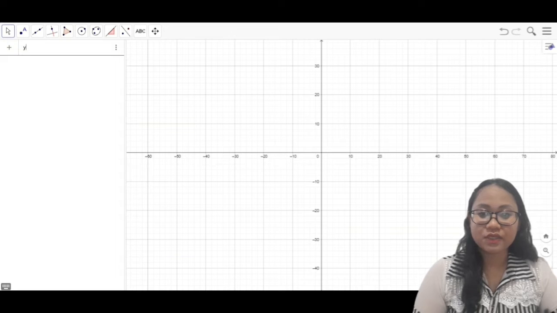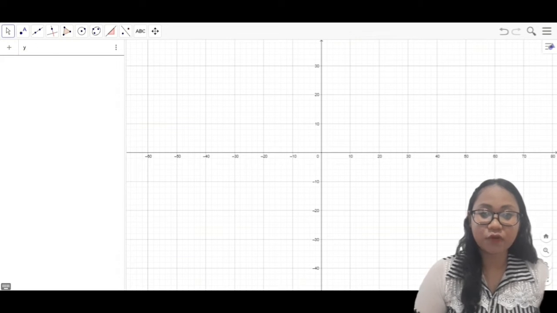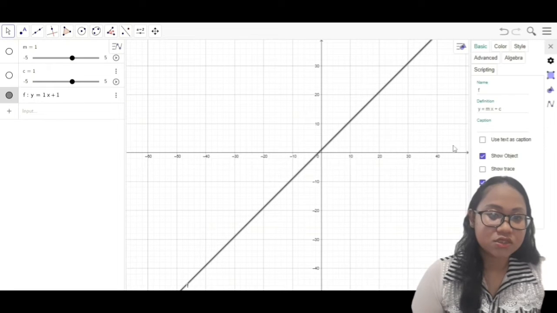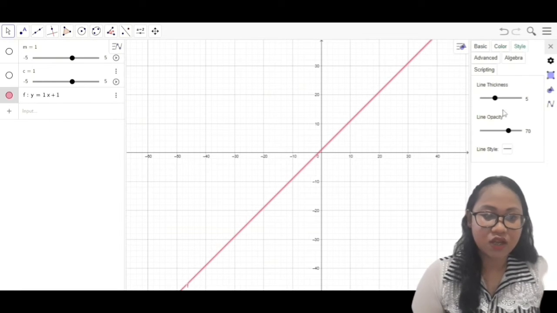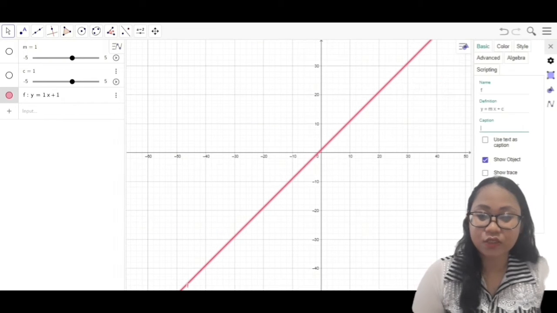The first step is to form a straight line graph by typing the general equation of a straight line, which is y equal to mx plus c. Go to the setting, change the colors, increase the line thickness and opacity. I also label this straight line as EQ1.